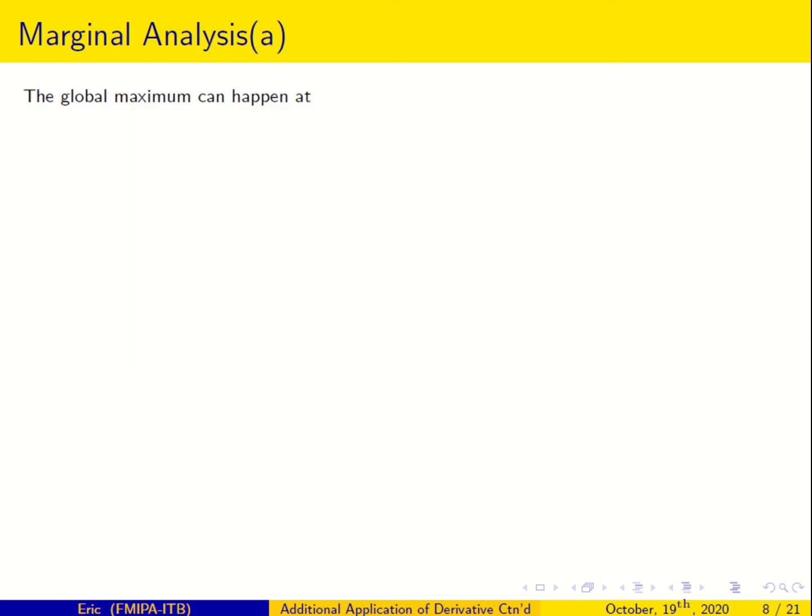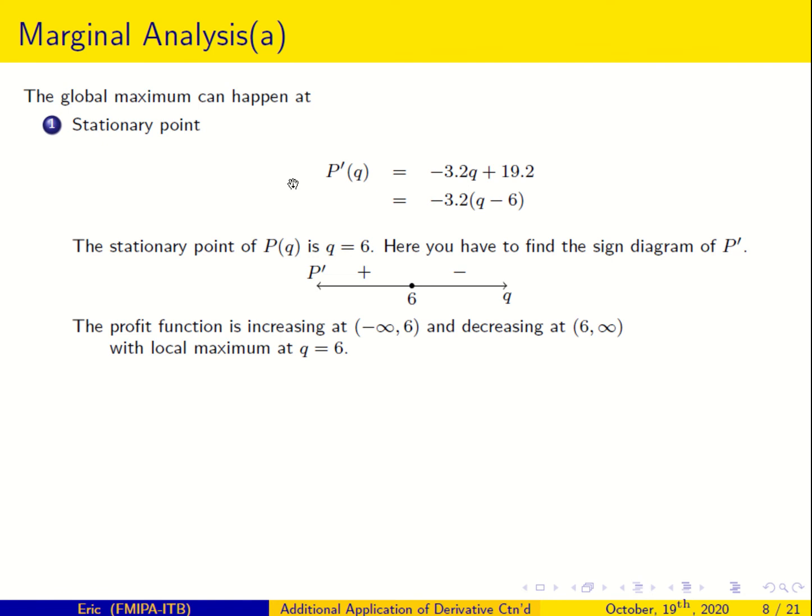So the global maximum can happen first at a stationary point. We have to find P'(q), and the stationary point is given by q equals 6. Here you have to find the sign diagram of P', because we are dealing with an unbounded interval.